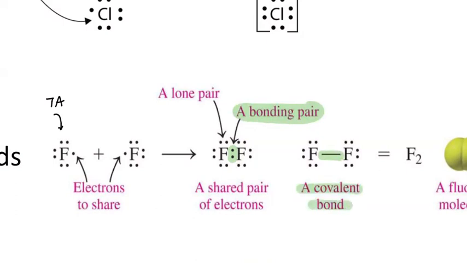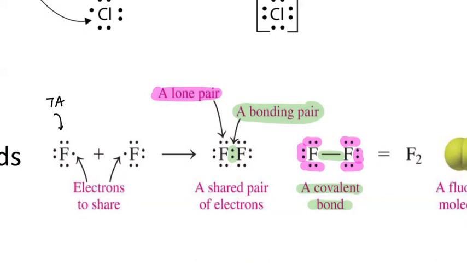It's a pair of shared electrons. If you have electrons that are not shared between 2 atoms, that's what we know as a lone pair. So all of these are lone pairs. They are not shared between the 2 atoms.